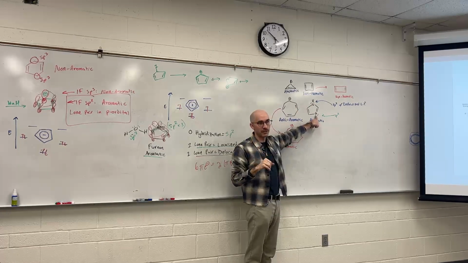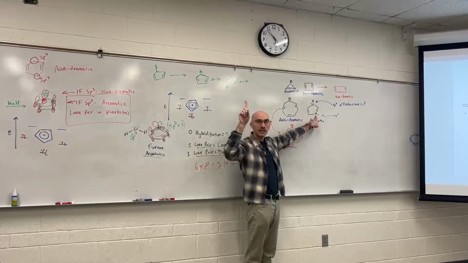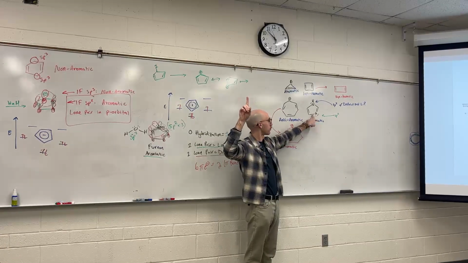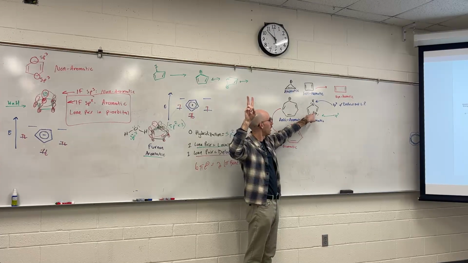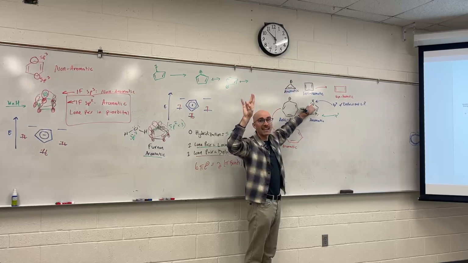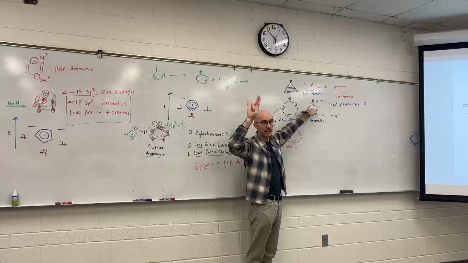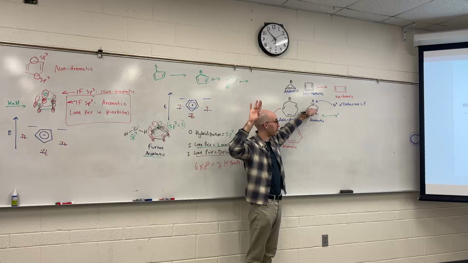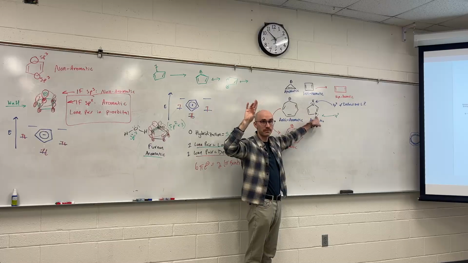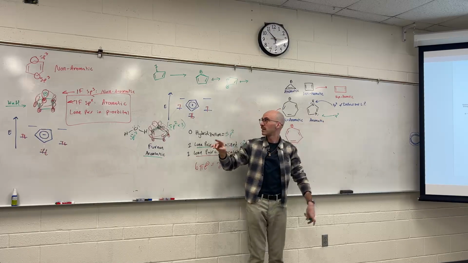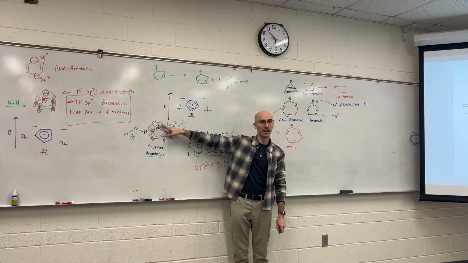This is an sp2 hybridized nitrogen. It uses one sp2 orbital for a single bond, another for a single bond, and it uses its p orbital for the pi bond. So it only has one orbital left, and that is one of the hybridized orbitals, meaning this lone pair sits just like this lone pair on oxygen from furan.